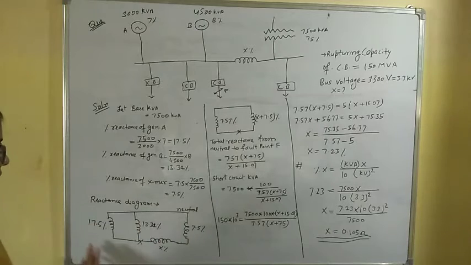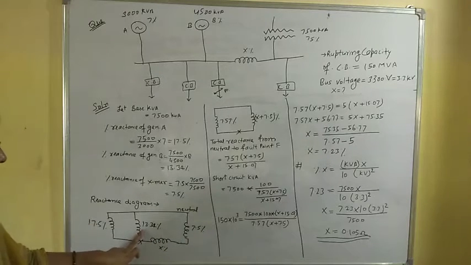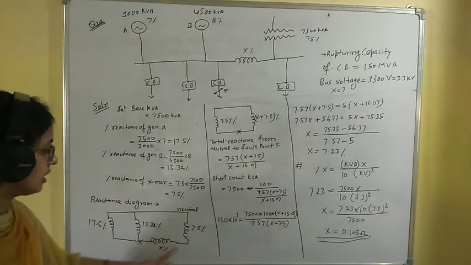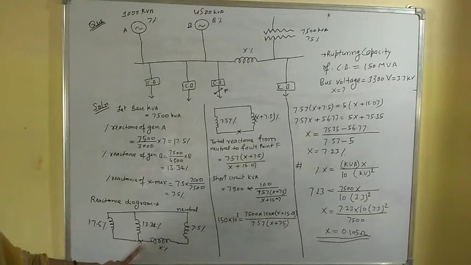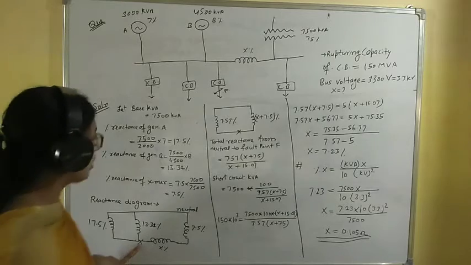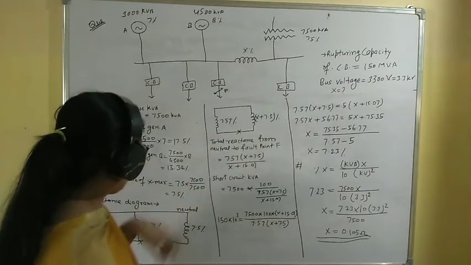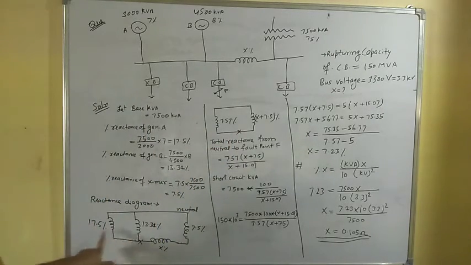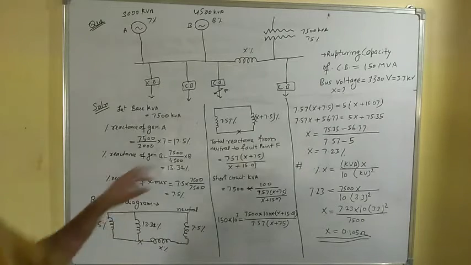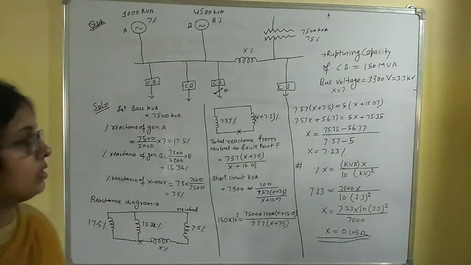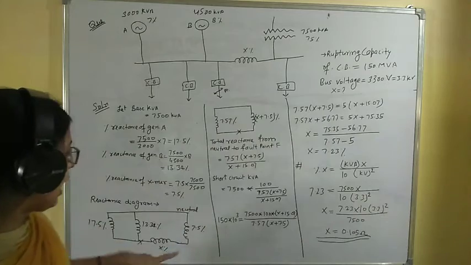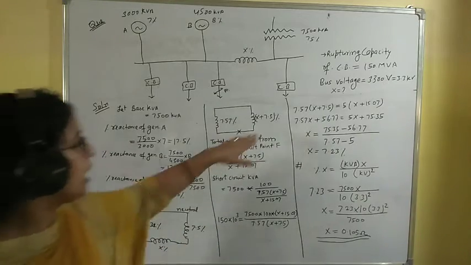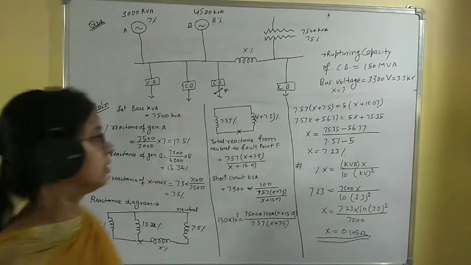In this reactance diagram, these two reactors are in parallel and the other two reactors are in series till the fault point. When we calculate the parallel of the two generator reactors, we get 7.57%, and the series part will be X plus 7.5%.